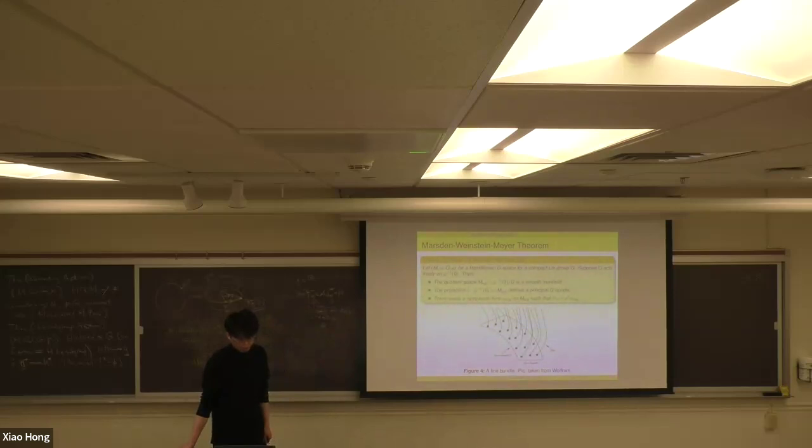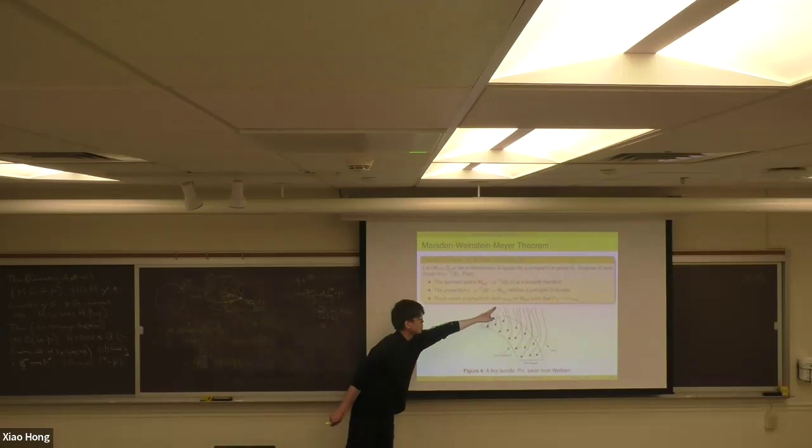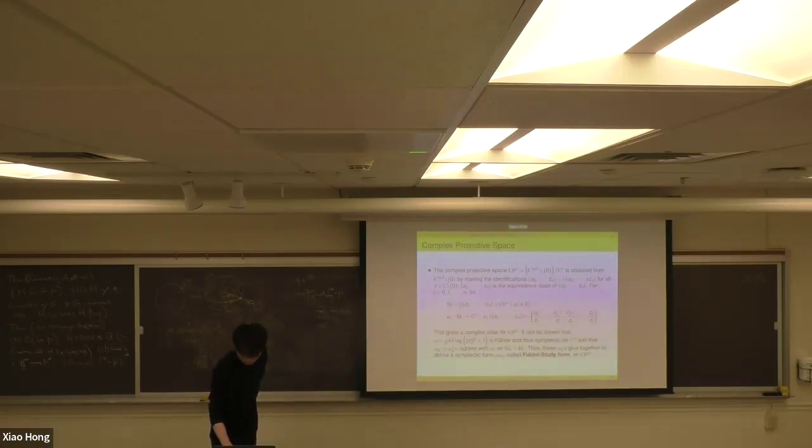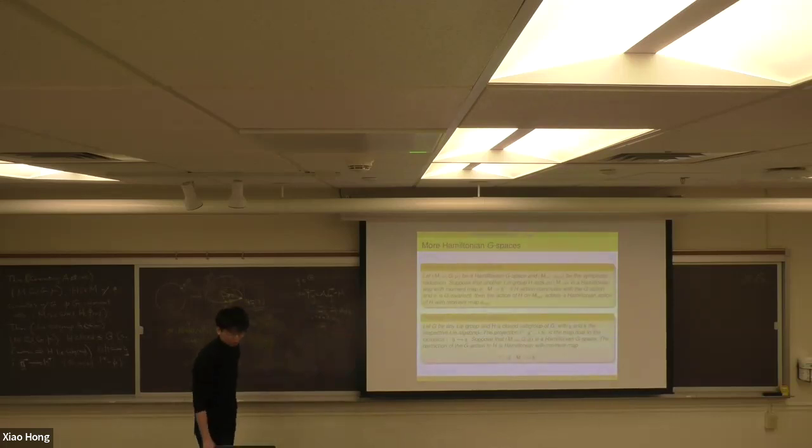And the theorem also says that there is a symplectic form for this reduced space. This is called the reduced form, denoted by omega reduced. I will not talk about the proof of that theorem.